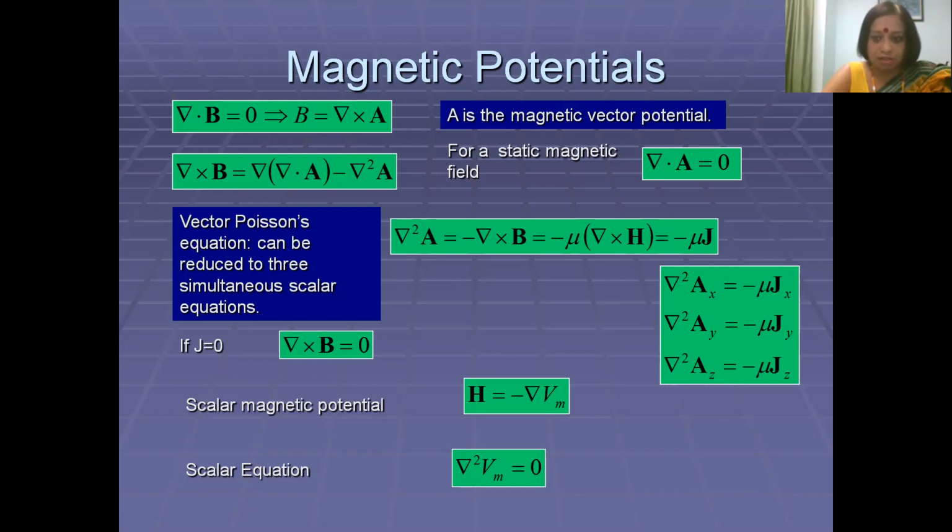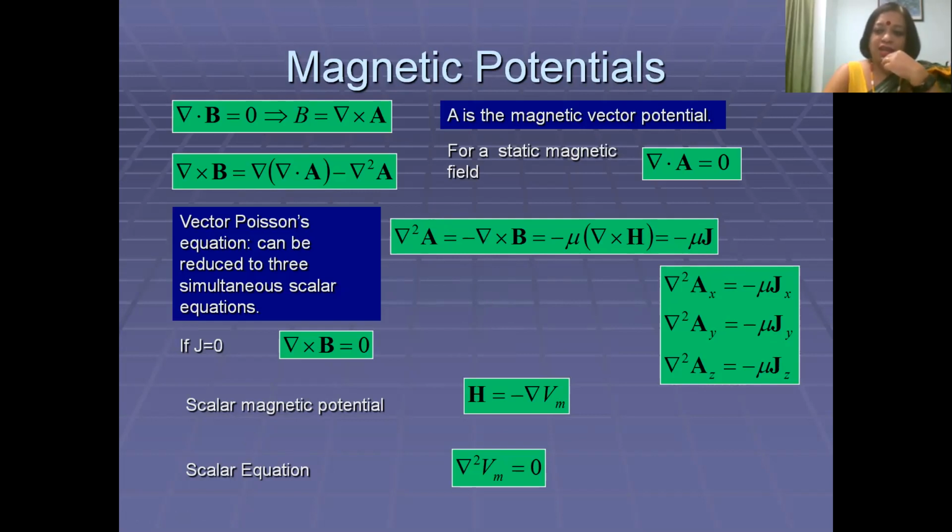Because of the current. The source is the current. Now look at J. If you have a current J, what would be the direction of A? What would be the direction of B? So let us consider current J. Let us imagine current J has three components, Jx, Jy, Jz.